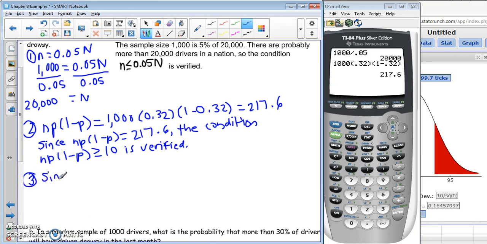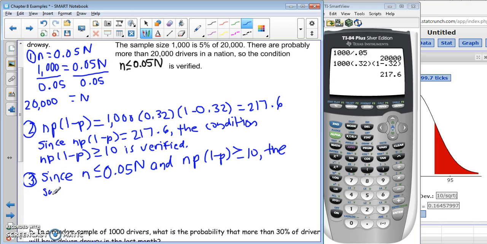So since n is less than or equal to 0.05 times capital N, and n times p times 1 minus p is greater than or equal to 10, the sampling distribution of p hat is approximately normal. Now we just need to find the center and the spread, right?